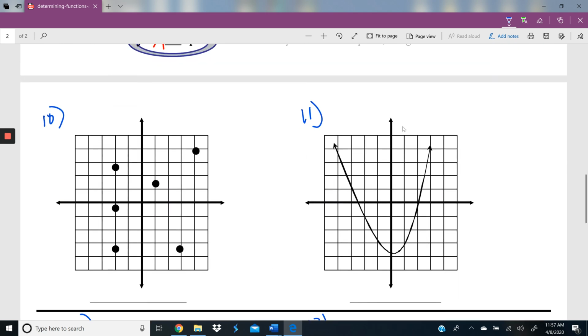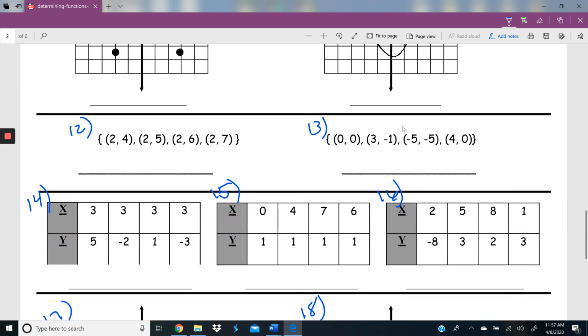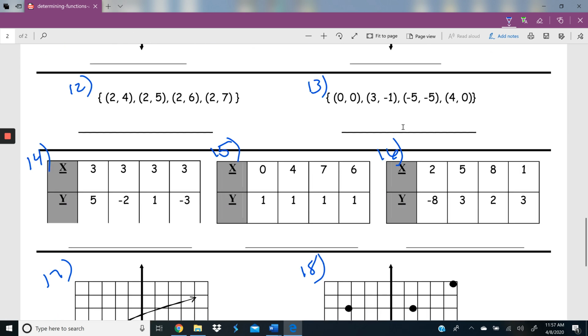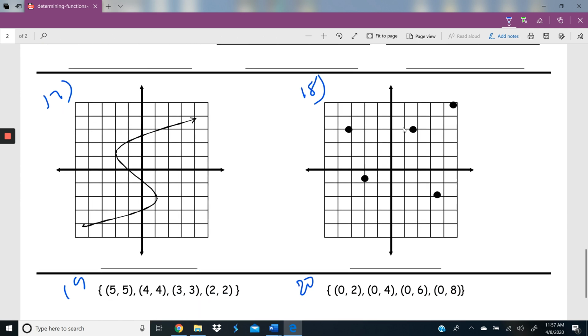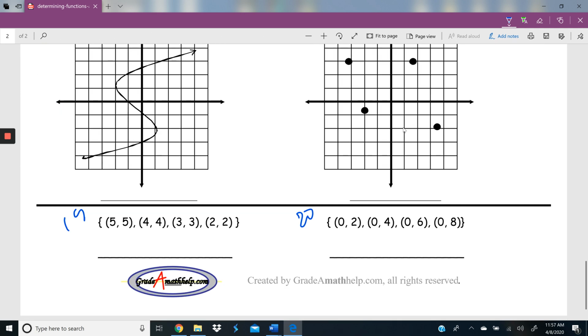Let me look and see which problem I think that you may need help with more. Look at problem 19. We're going to circle the x values. My x values are 5, 4, 3, and 2.